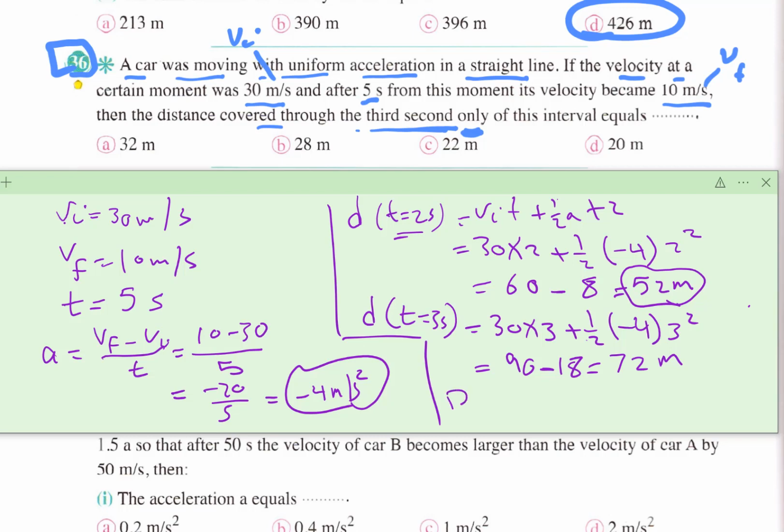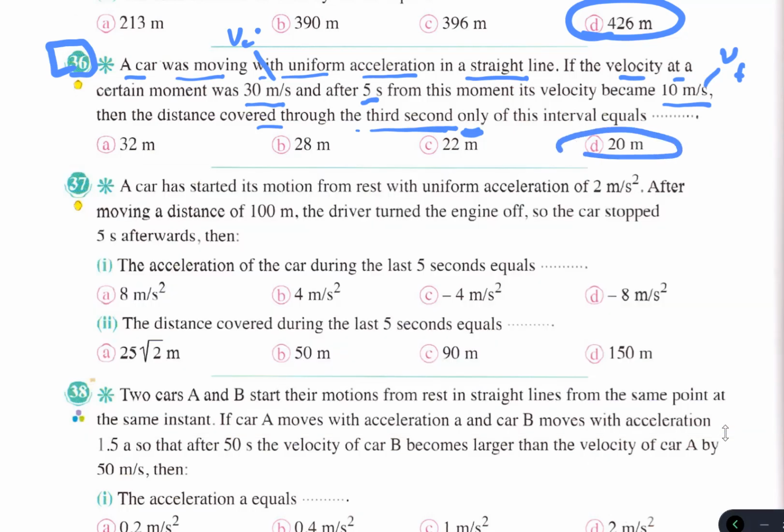So the difference equals 72 minus 52 equals 20 meters. So the object covered a distance of 20 meters in the third second. Okay, we have the answer.